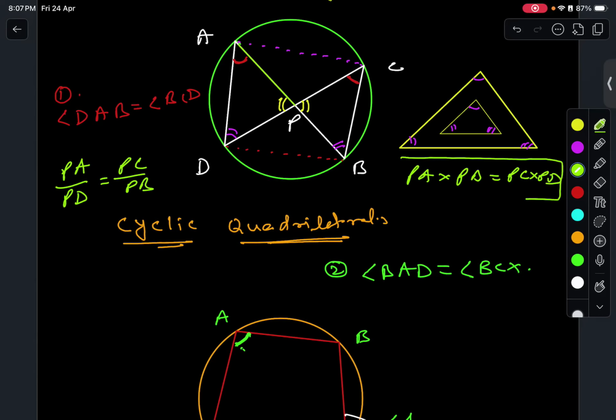Very, very, very important result. Sir, is P the center point of that circle? No, beta. If it were the center, both would be radius, everything would be the same, so PC is equal to PB, and that could be one of the cases. Otherwise, no.